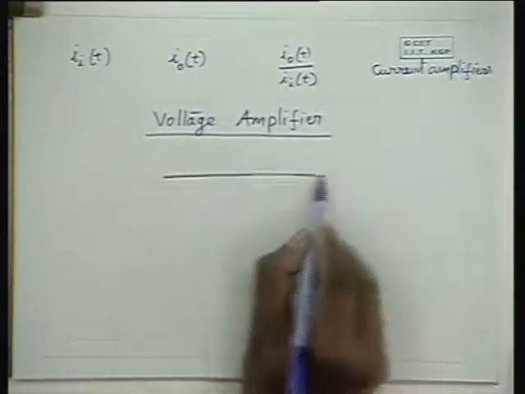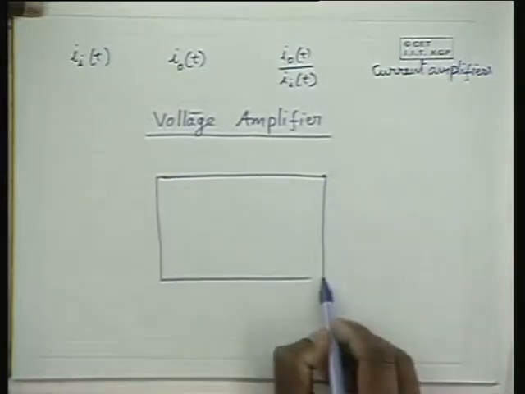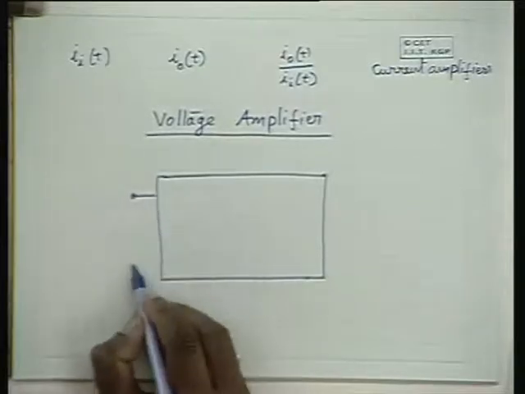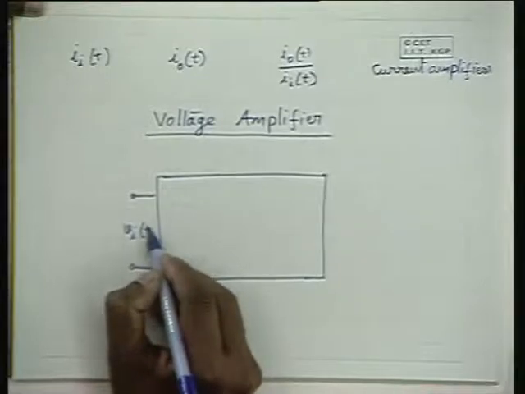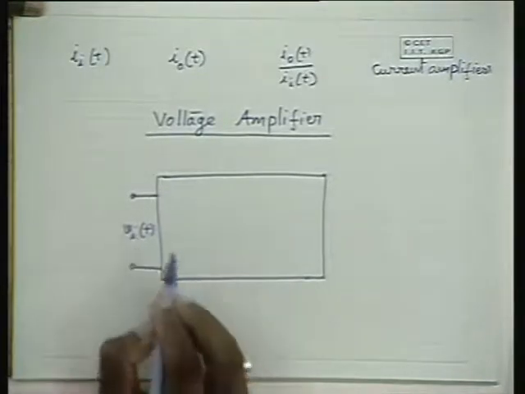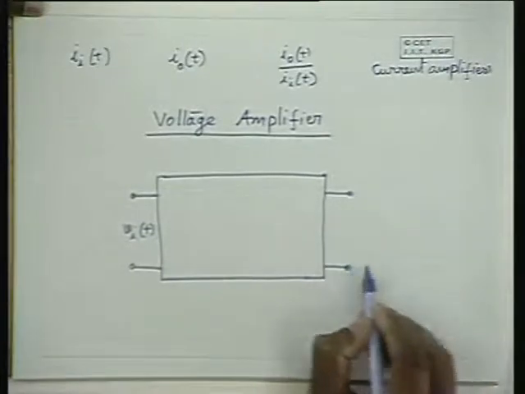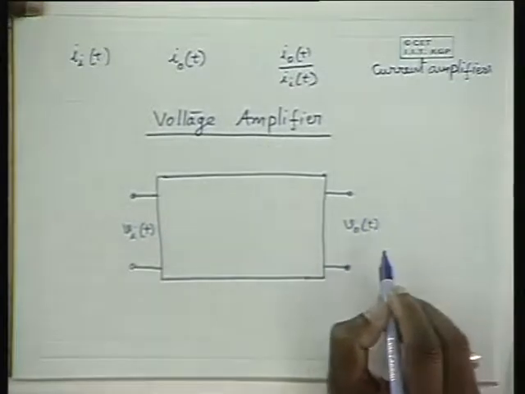Now an amplifier takes an input voltage VIT. For example, a voltage source takes an input voltage VIT, and under open circuit conditions it gives you a voltage source voltage VOT.